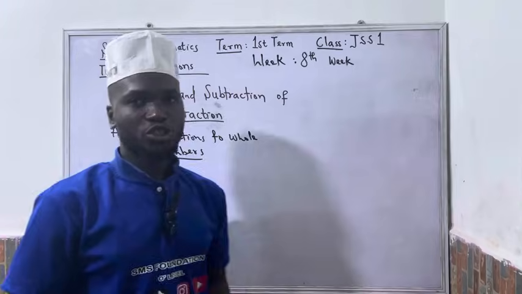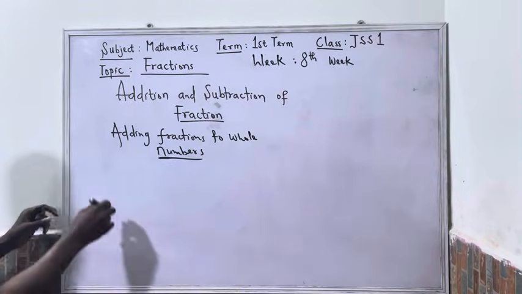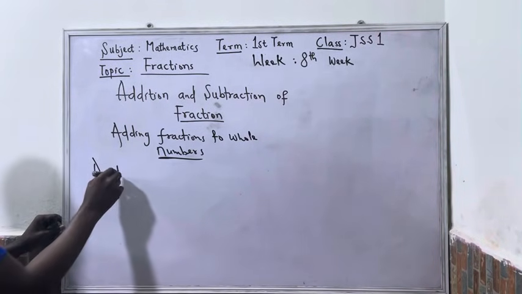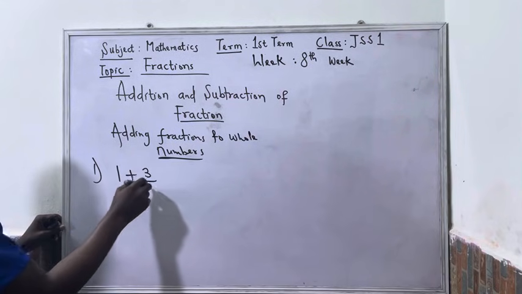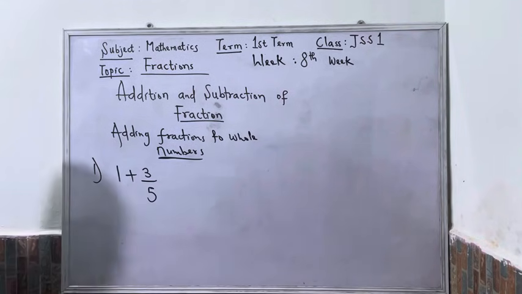So, how do we add fractions to whole numbers? So, for example, number 1, we have 1 plus 3 over 5. This is what I have.